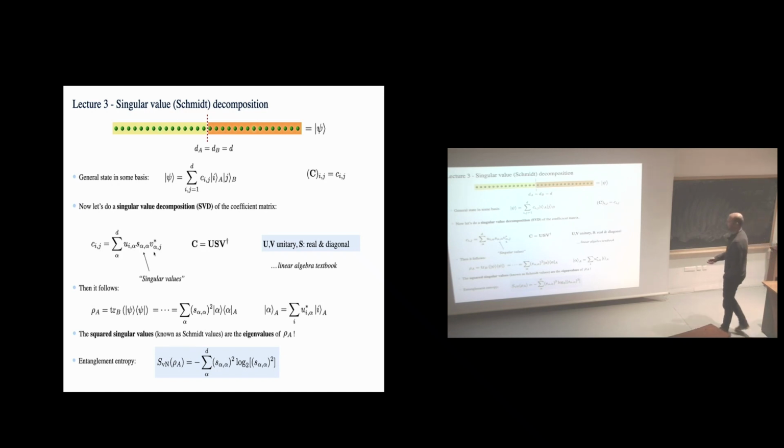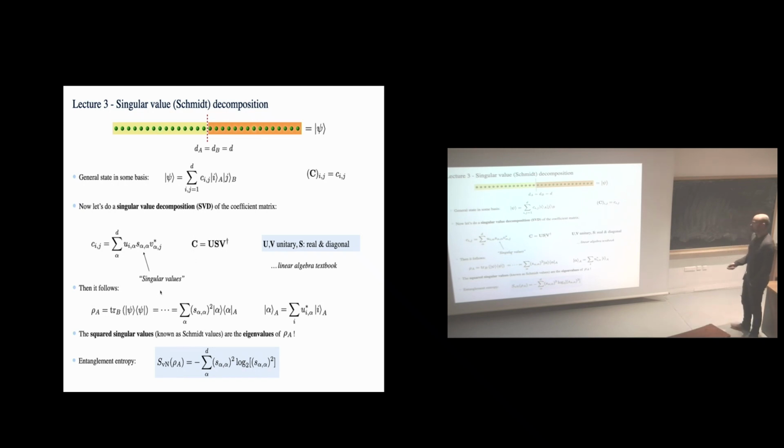Right, so you see already in some way, if you do this with the matrix C, then with this unitary you define a new basis on the left side, and with this V dagger you define a new orthogonal basis on the right side, and the S are just the coefficients of the state in this new basis.